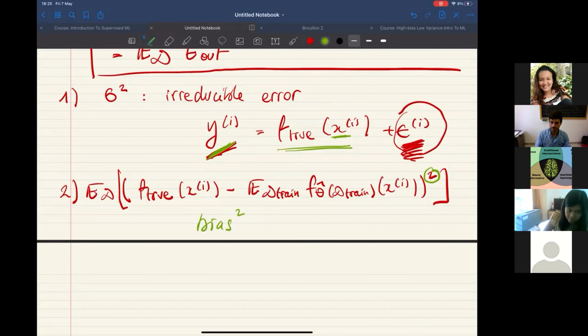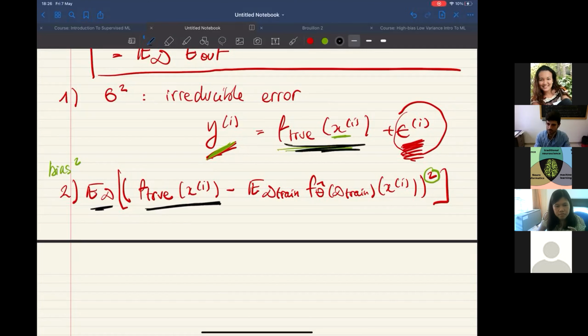Why is that the bias squared? Because it quantifies the mismatch, the expected squared difference, in average over the data, between a true label, without even noise here, the label we would like to predict if there was no noise, and the very best estimate of this label that belongs to our hypothesis class.